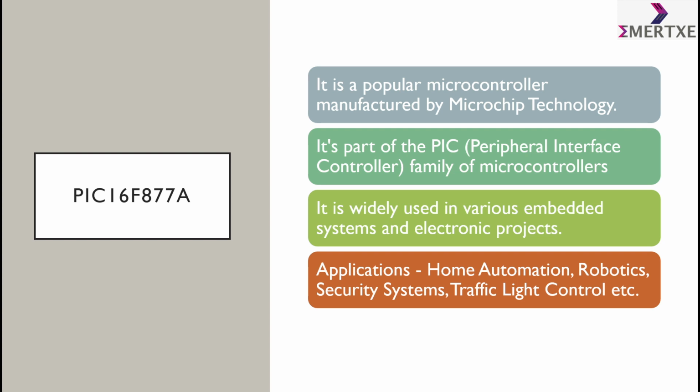It is a popular microcontroller manufactured by Microchip Technology. It is a part of the PIC, that is Peripheral Interface Controller, family of microcontrollers. It is widely used in various embedded systems and electronic projects. The applications of PIC16F877A include home automation, robotics, security systems, traffic light control, etc.